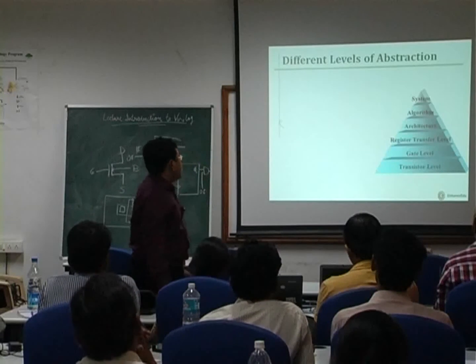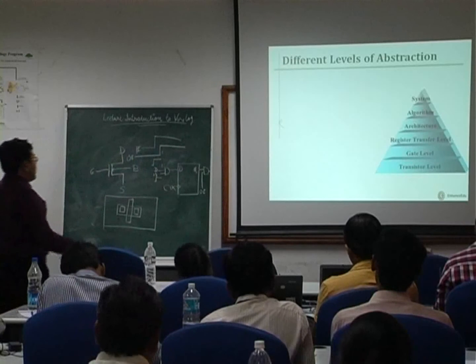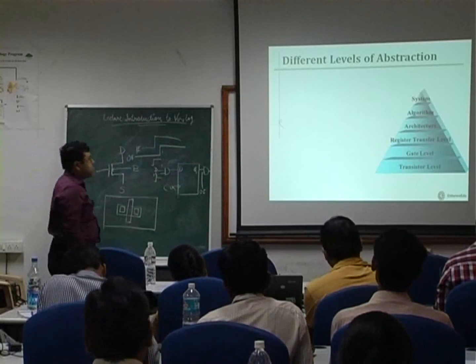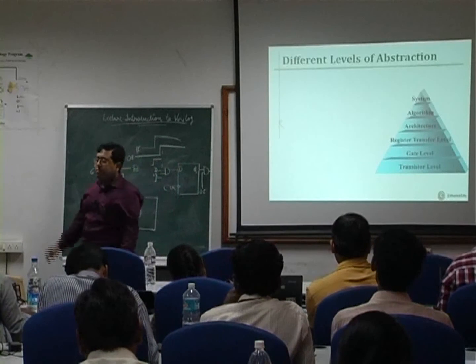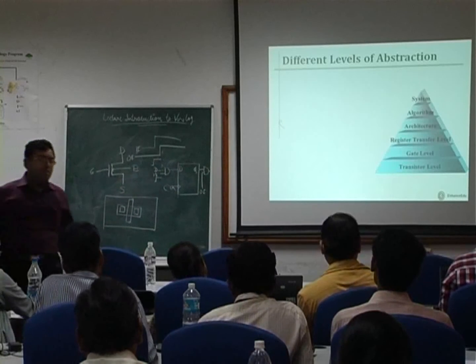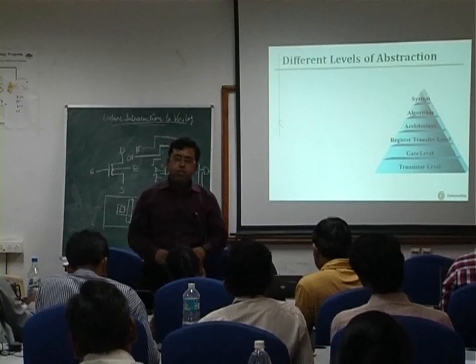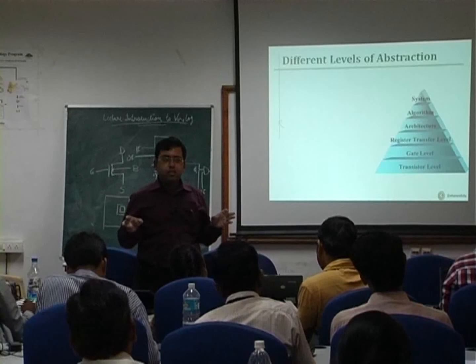So design really exists at different levels of abstraction. As you go on developing your system, you have to consider the different levels of abstraction. We start with a system level description, which means we visualize the system as a whole without referring to its components.